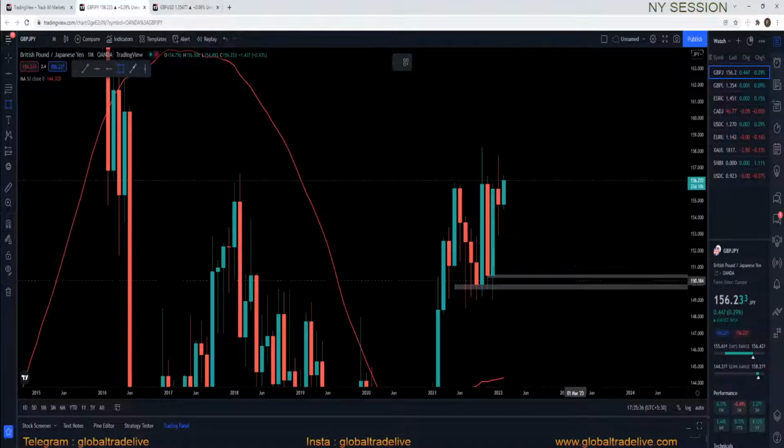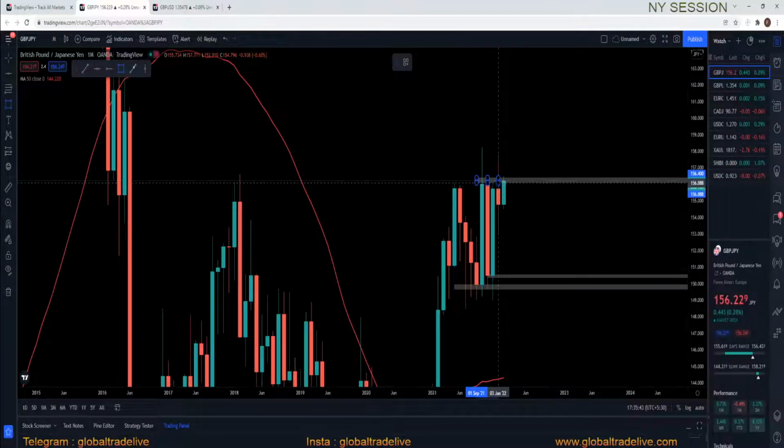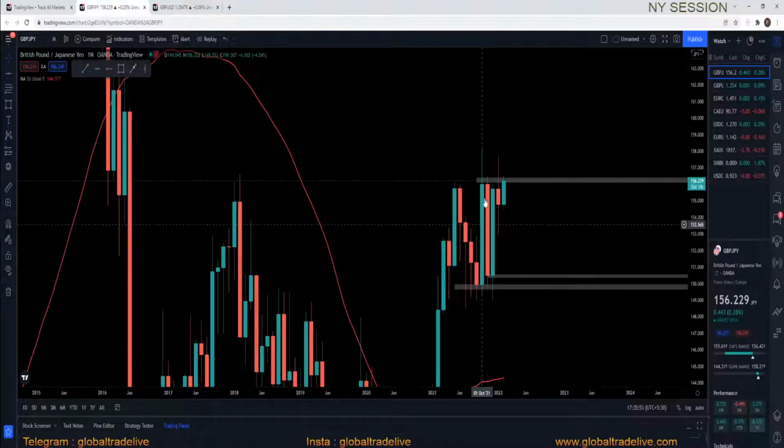When the candles rejected this area, we can say that this becomes our resistance area. The previous three candles were doing up and down movements, the same kind of movement.